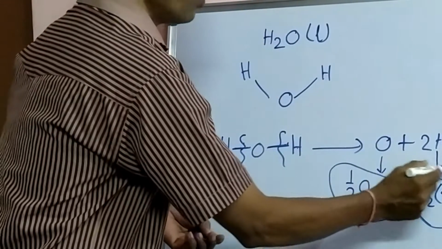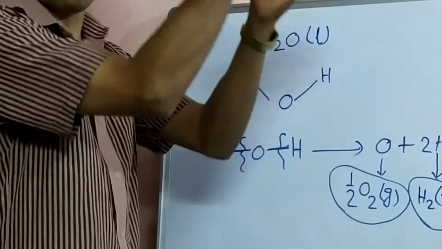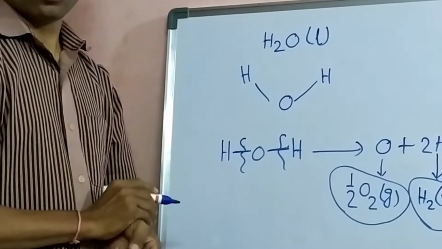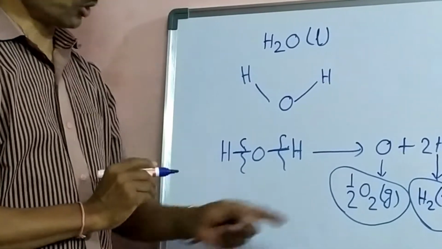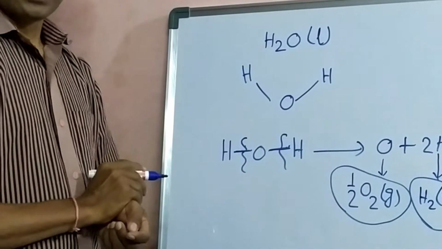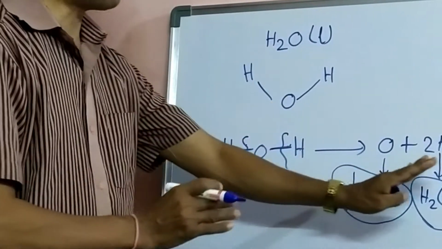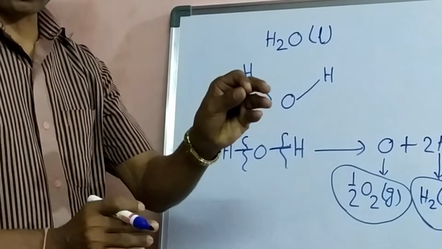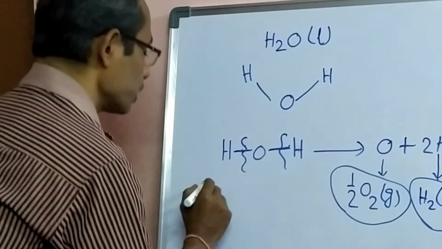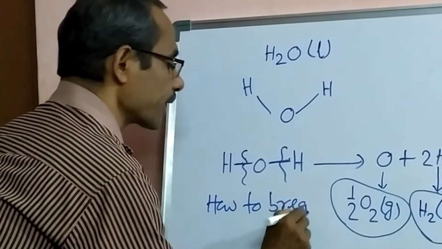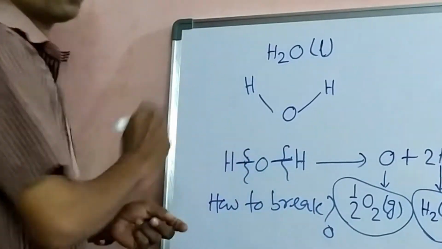That means the liberation of hydrogen will be 2 times as compared to the liberation of oxygen, sorry, oxygen gas. Right? Now you understood the decomposition of water and what the products are. But the question now is, how to break this bond?